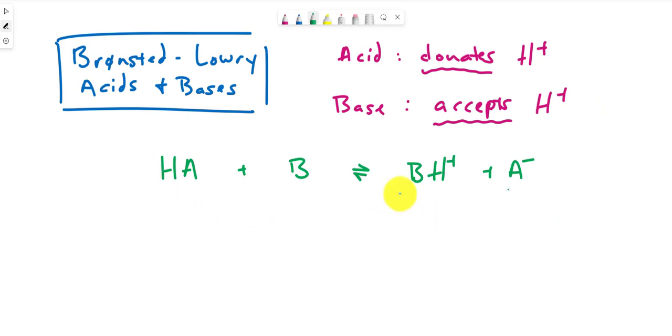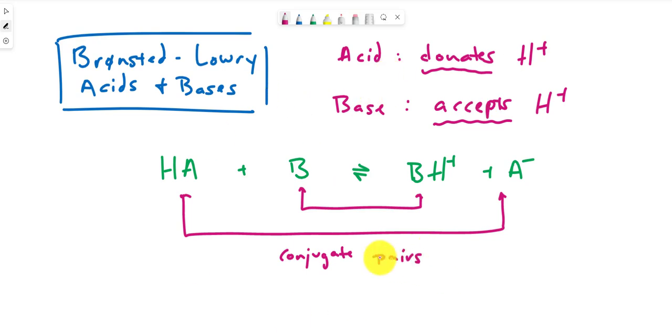So in the generic reaction here where we have HA plus B, we have an acid and a base. The H here, this proton, is going to leave and it's going to be accepted by the base, and now we have BH plus because of that H plus, and we have the anion over on this side.